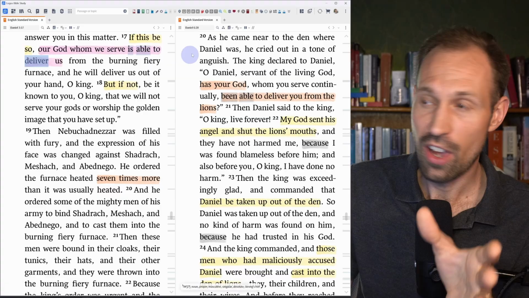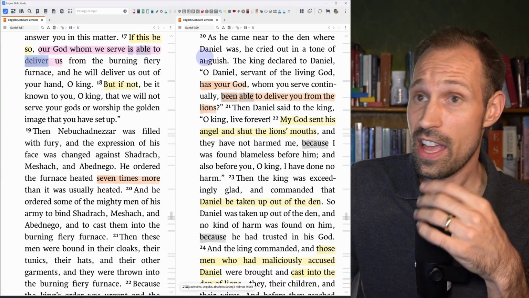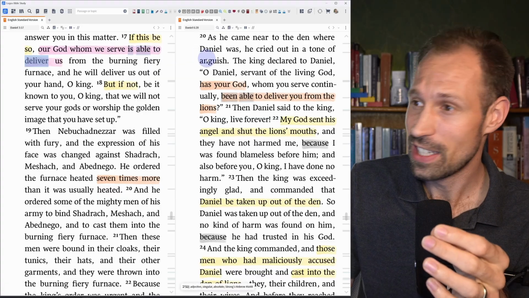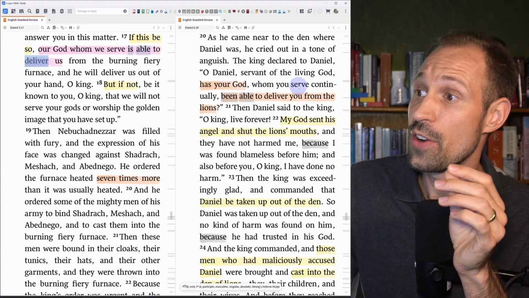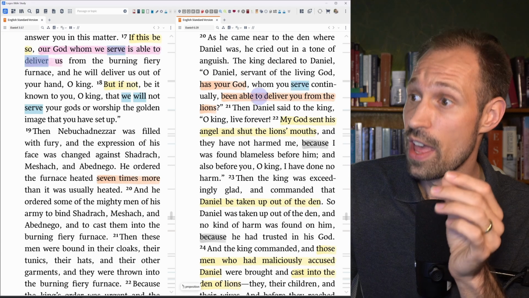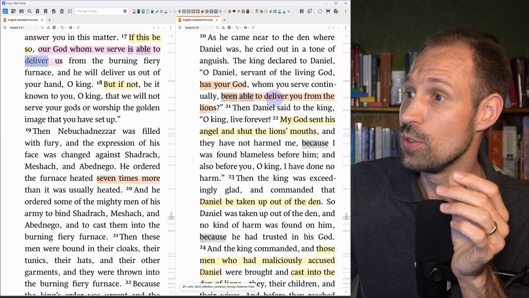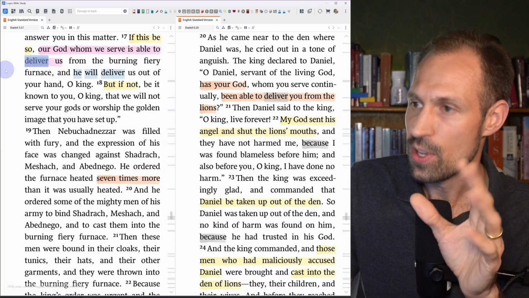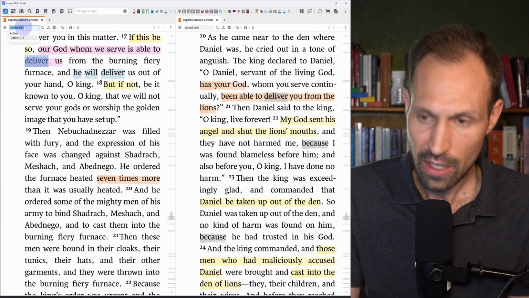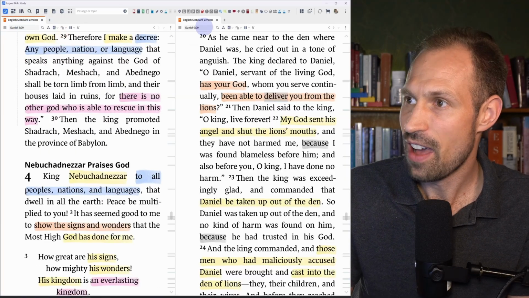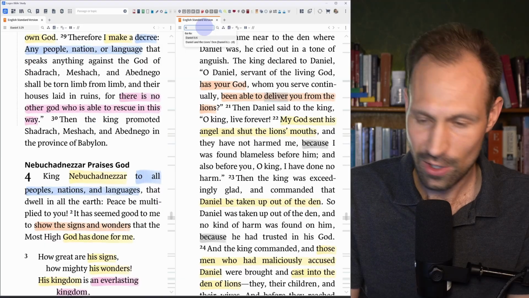And then Darius is going to declare to Daniel, after Daniel spent one night in the lion's den, he says, "O Daniel, servant of the living God, has your God whom you serve been able to deliver you?" Yes, he is able to deliver you. And then each of these kings, Nebuchadnezzar and Darius, is going to issue a matching decree. Look down in 3:29 and 6:25.